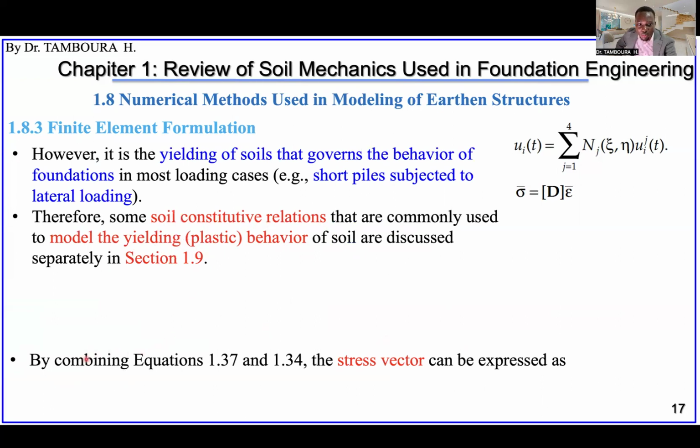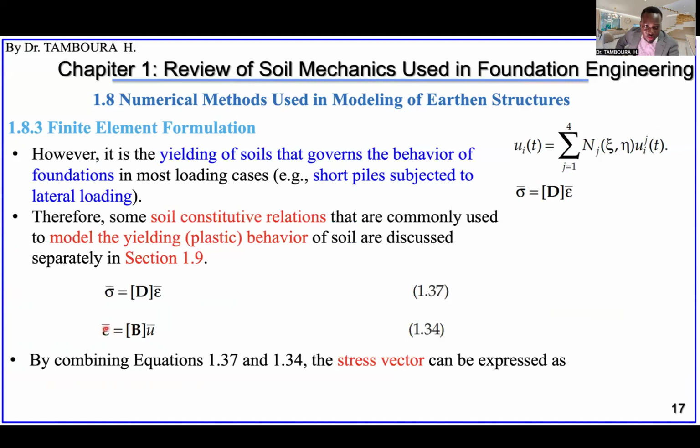If we now combine these two equations, do you remember this equation for the relation between stress and strain? And this one is the relation between strain and displacement. From displacement, you use this matrix B to get the strain.